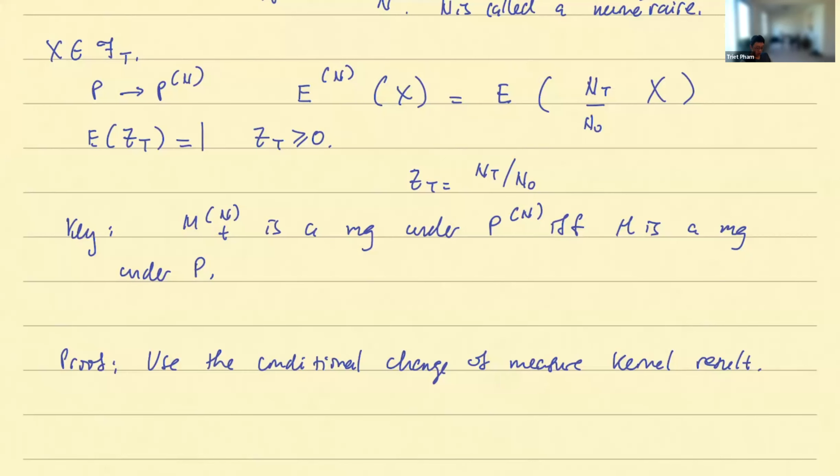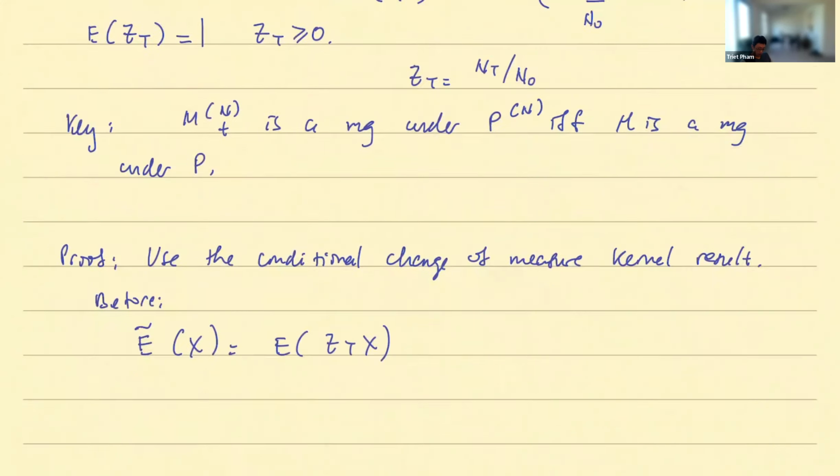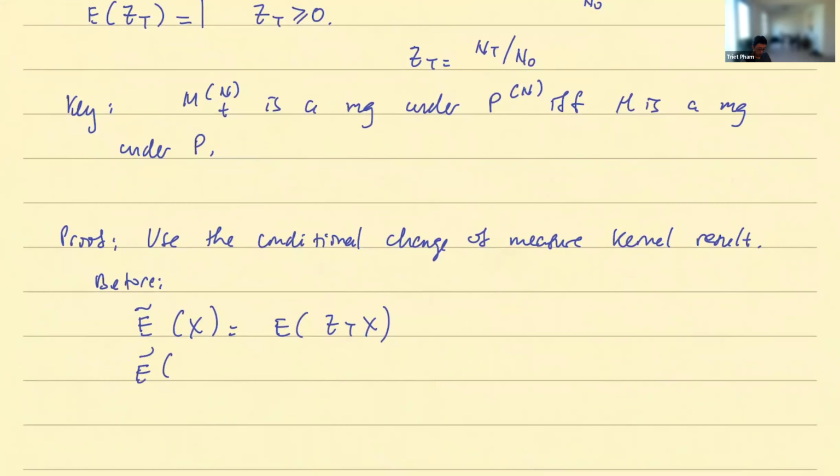You remember what the change of measure kernel result is? To remind you, we said something like this. If E tilde of X is E of Z_T times X, then what is E tilde of X conditional on F_t? What is the result?